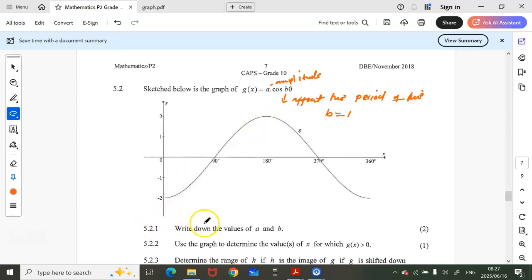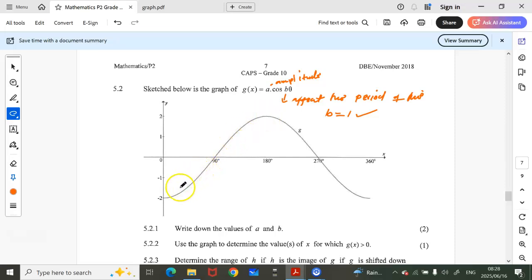The first question says write down the values of A and B. We've already written the value of B, which is 1. What about the value of A? The value of A depends on the amplitude of the graph. So we need to check from the x-axis how many units the graph goes up to the turning point.